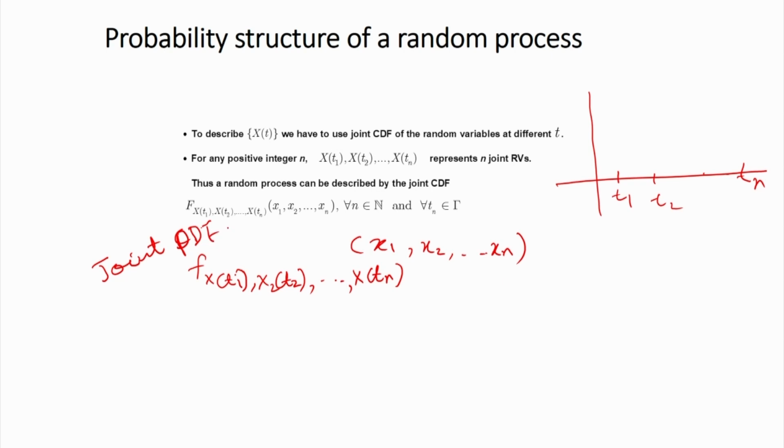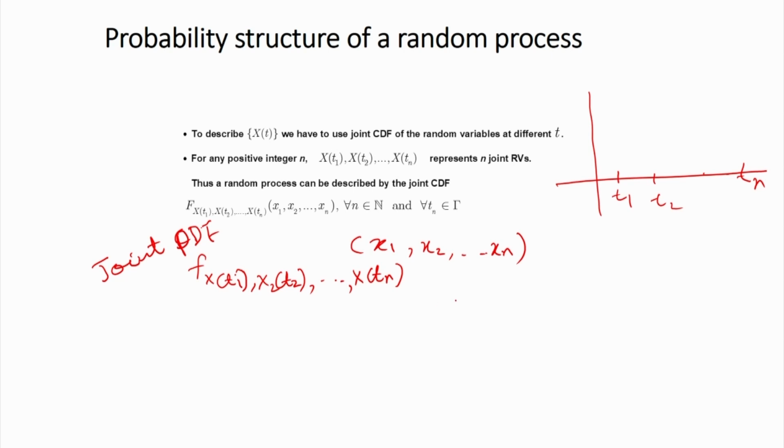This is also for all n belonging to the set of natural numbers and for all placements of the time points tn belonging to tau. So, that way we can characterize a random process in terms of joint CDF or joint PDF.